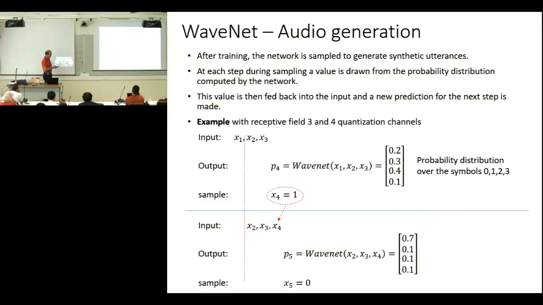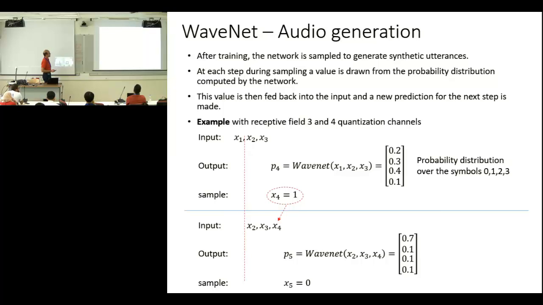And now let's see how the audio is generated with WaveNet. I will continue with receptive field 3, and to make it clearer, I will not have 256 quantization channels, but only 4 output neurons, 4 quantization channels. So the input is this one.